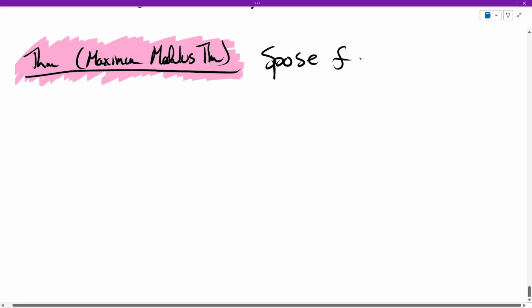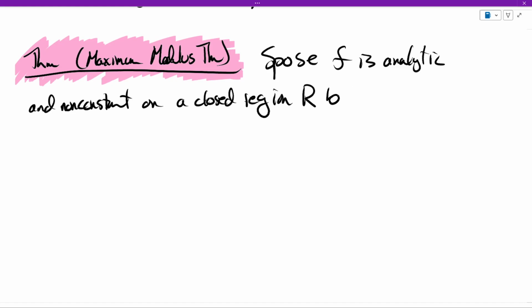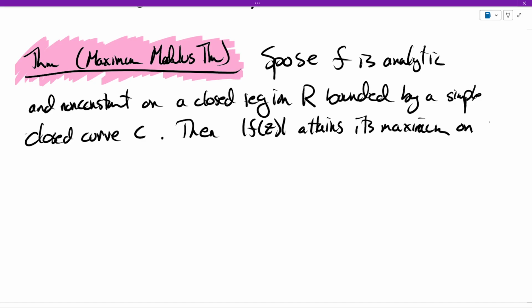The maximum modulus theorem says, suppose f is analytic and non-constant on a closed region R bounded by a simple closed curve C. Then the modulus of f of z attains its maximum on C.